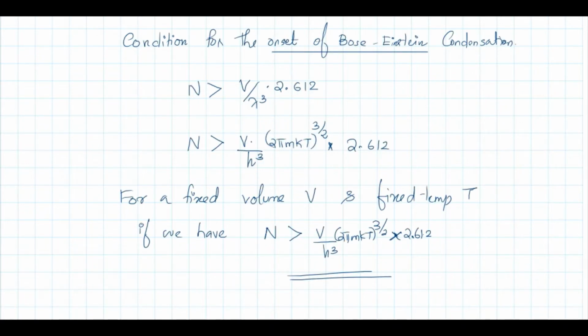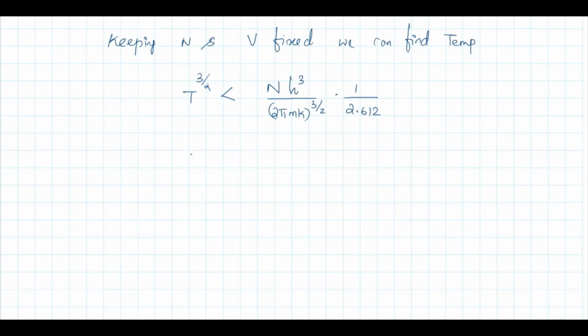So if T raised to 3 by 2 is less than this quantity, you take all these quantities to the left hand side, then the condition is T raised to 3 by 2 less than this number, then again you will have Bose-Einstein condensation.